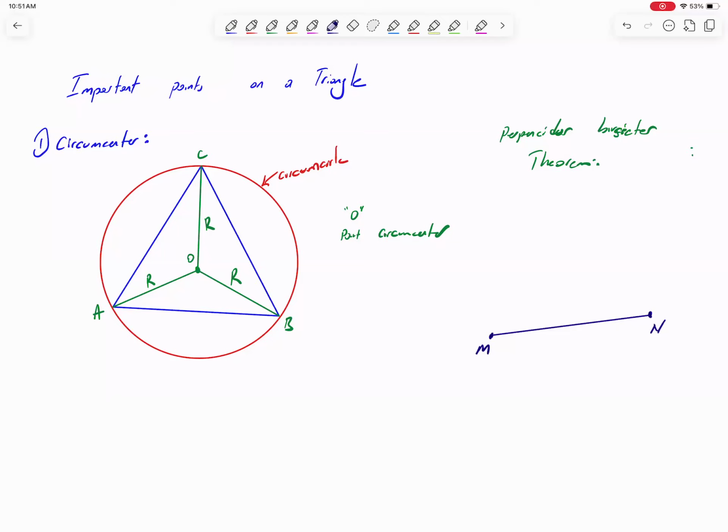That's the perpendicular bisector. The midpoint of MN is, let's say, point X, and MX is the same as XN. We draw a line that passes through X and cuts the line segment perpendicularly. The theorem says if you pick any point on this line, it is always equidistant to the endpoints of the line segment.